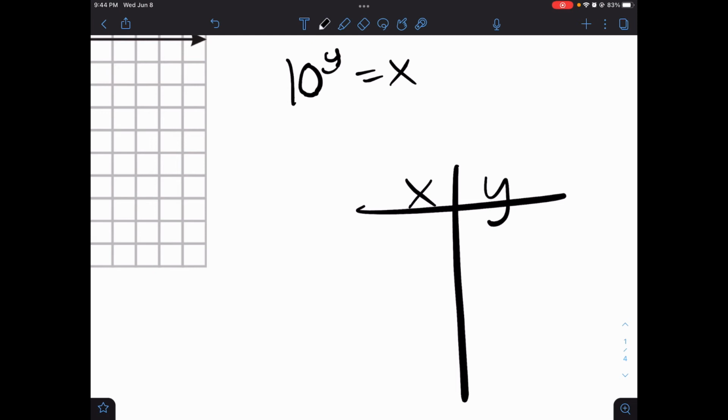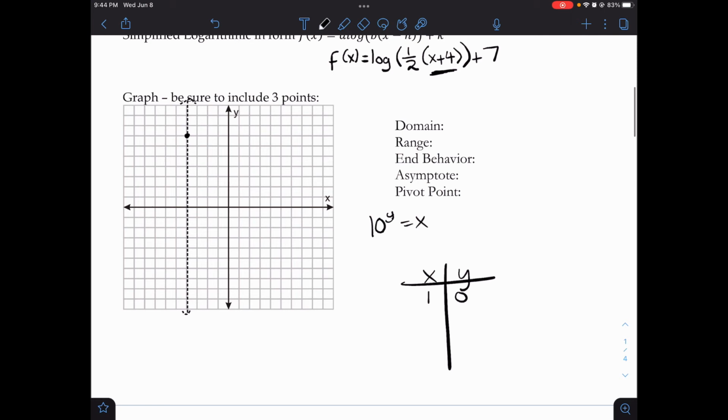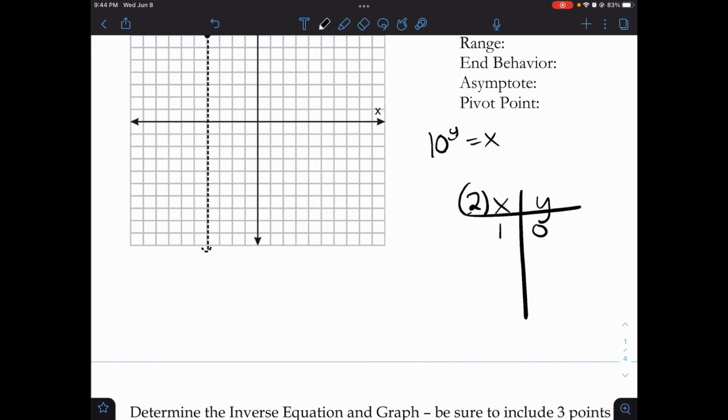If we think about that, we know that 1, 0, the pivot point on the original one, is right there. So if we have 1, 0, we also have a horizontal stretch. It says 1/2 here, but it's actually a stretch by a factor of 2. So we multiply every x value by 2.